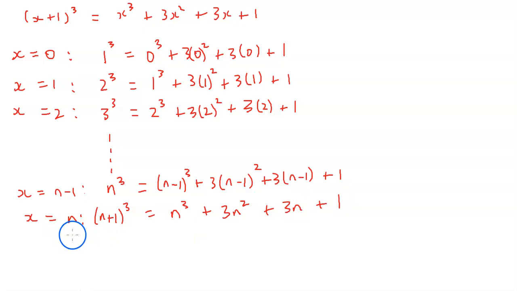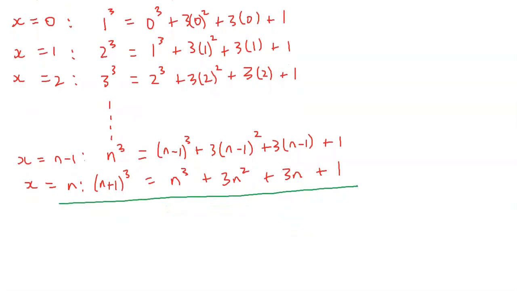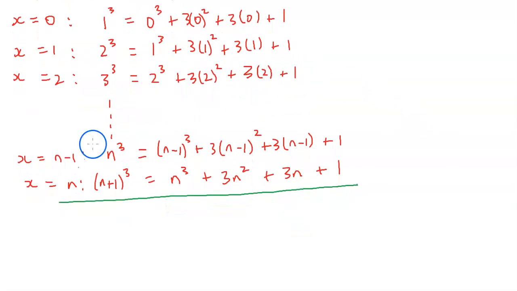Now you've probably already figured out what to do next. I suggest you pause the video and have a think about it if you haven't already. Okay, well, next up we just add everything together. And observe that if you add all of these together, you're going to get the sum from r equals 1 to n plus 1 of r cubed.